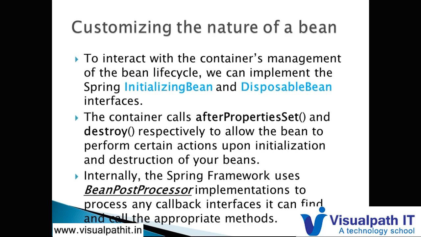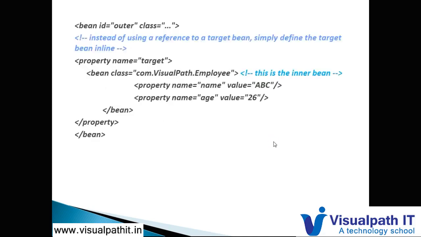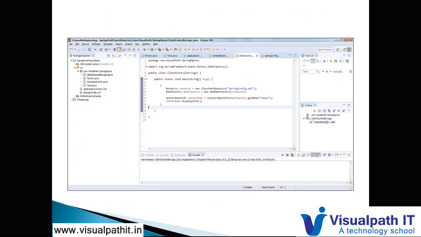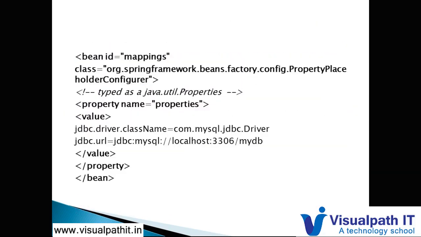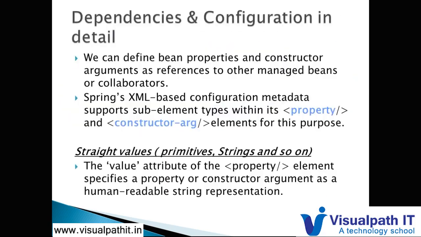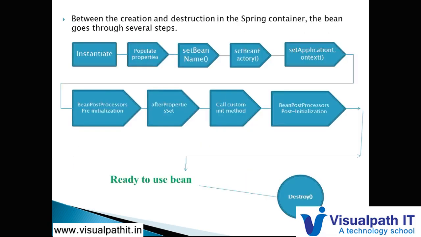The container calls the afterPropertiesSet and the destroy, as we already saw here. This understanding of this flow is very much important. This one: instantiate, populate properties, set bean name, set bean factory, set application context, and here this is the afterPropertiesSet.